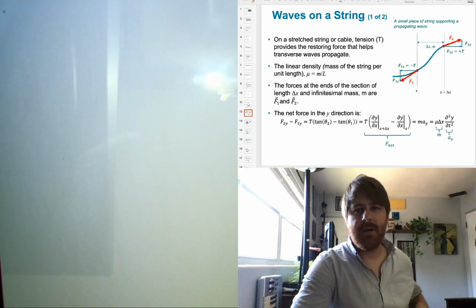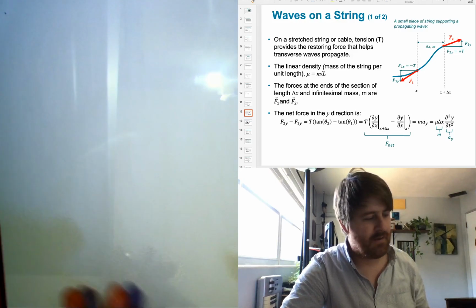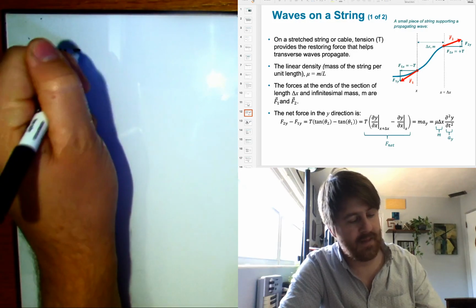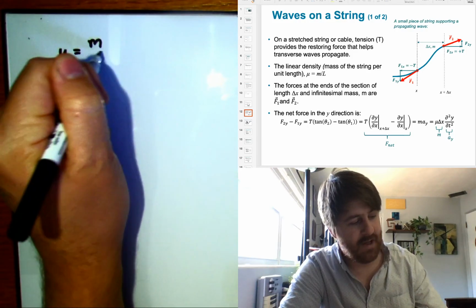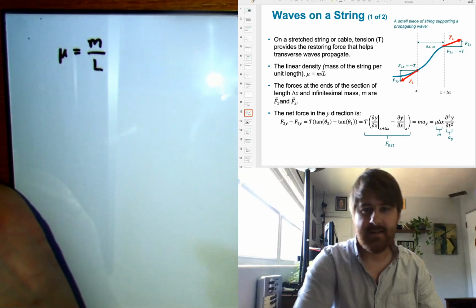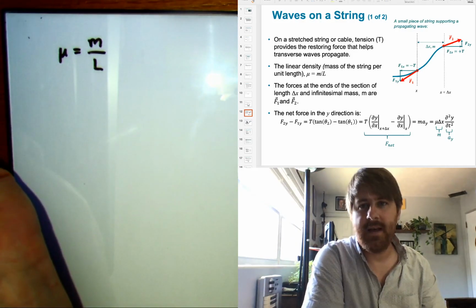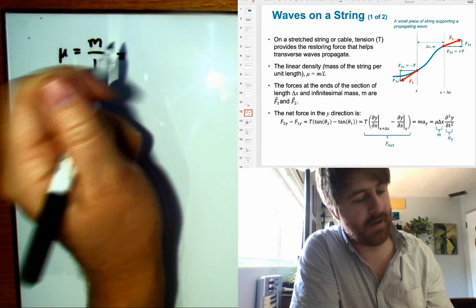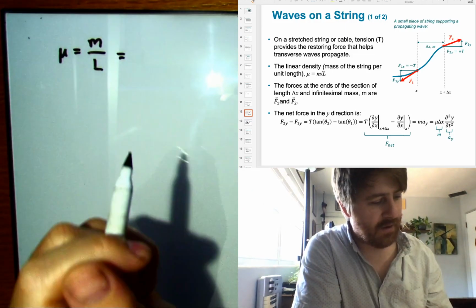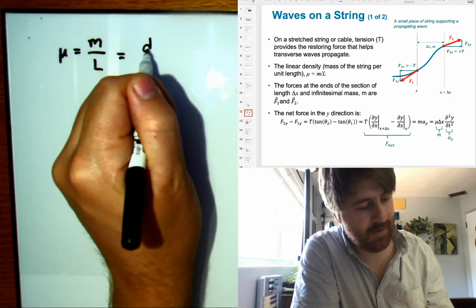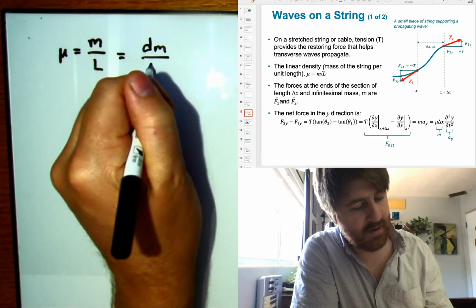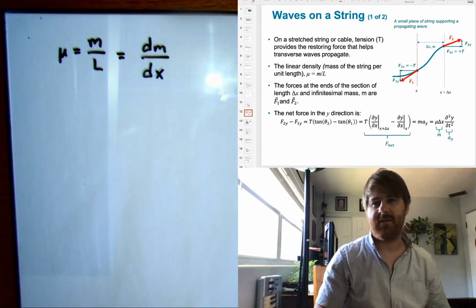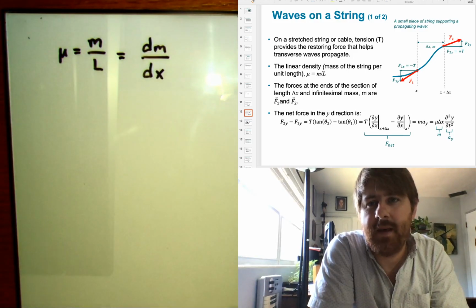And the linear mass density of the string, call that mu, is the mass of the string divided by its length. It's linear density, not volumetric density. And that means that this will also be true if this is uniform. It will be, let's call it dm over dx, some very small bit of the string will also be equal to that.